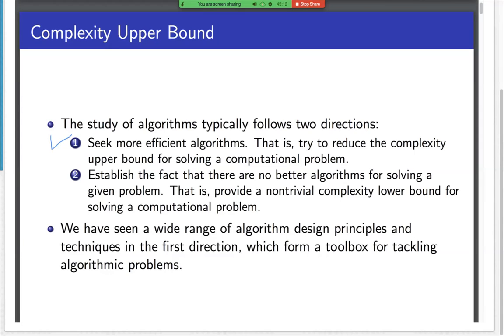Okay, so then we need to look at another important topic. It turns out that this effort in the first direction may not always be successful, because there are quite a number of problems, actually thousands of optimization problems in practice, that no matter how hard people have tried, they are not able to find efficient algorithms. By efficient, we mean polynomial time algorithms.